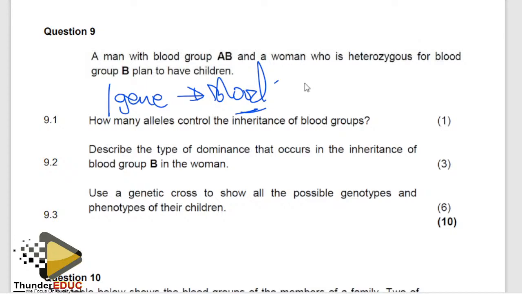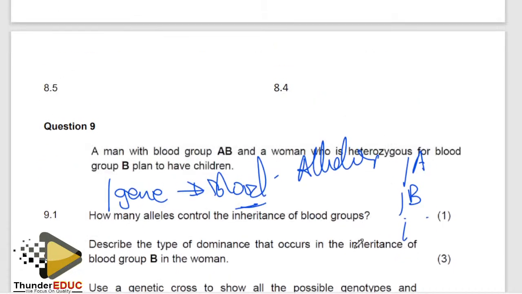But how many alleles? There are three alleles: the allele for A, the allele for B, and the allele for O. Guys, please don't make a mistake and write the allele for A like this. This is not A. This is a Roman numeral, which means one. The allele for B is supposed to be written like this.